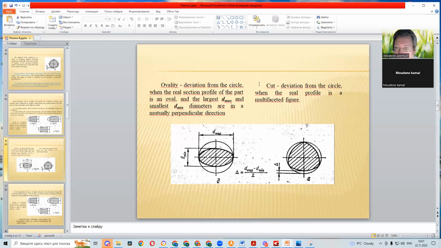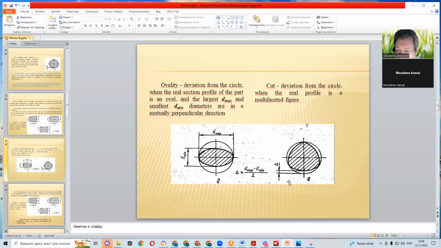Cut is deviation from the circle when the real profile is a multifaceted figure, like a triangle, like in this picture.